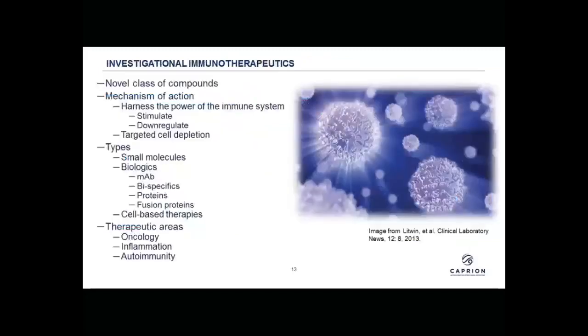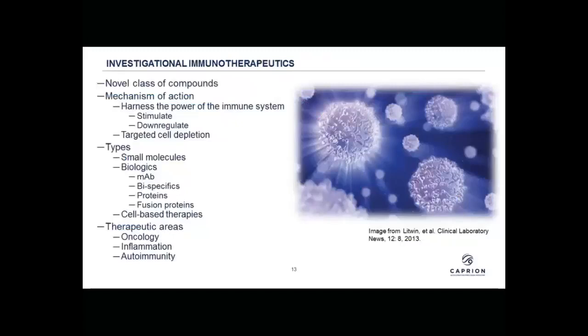So enter onto the scene, maybe 10 years ago, the new investigational immunotherapies. And because of them, the new vaccines and the new cellular therapies, flow cytometry has become even more important in drug discovery and development. So immunotherapies are a novel class of compound, and their mechanism is to harness the power of the immune system.